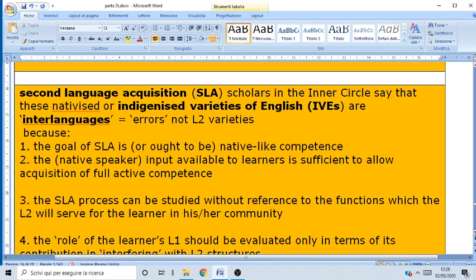Why do they define them as such? Well, according to these scholars, the goal of second language acquisition, so learning a second language, should be to sound like a native, to have a native-like competence.